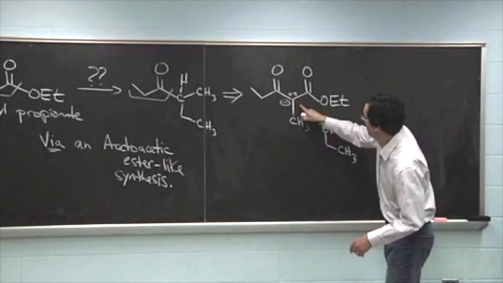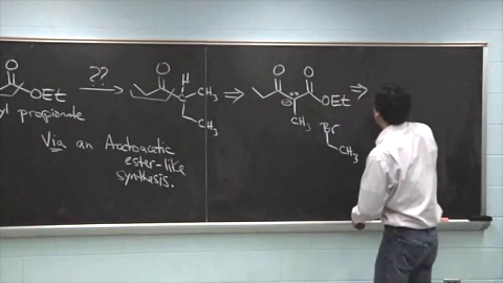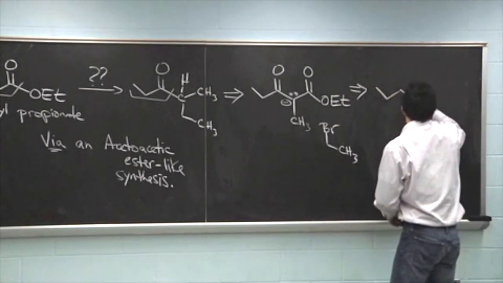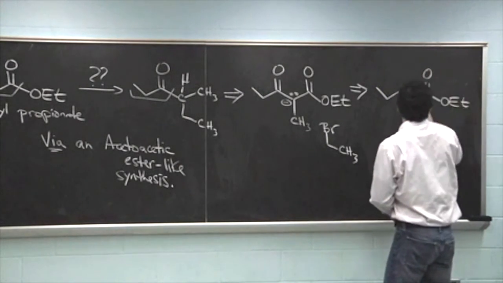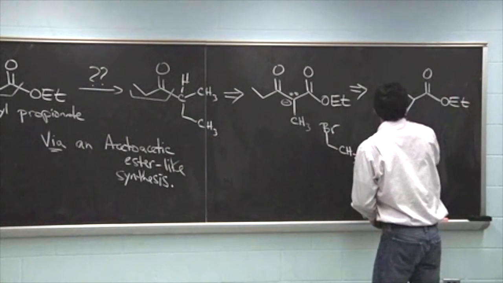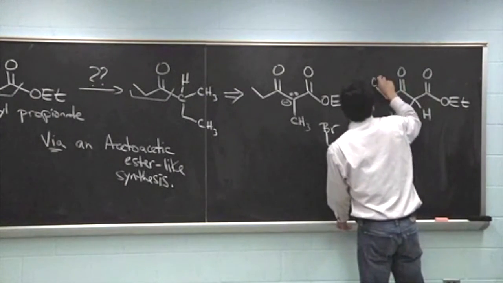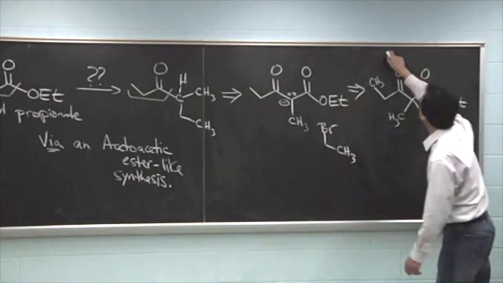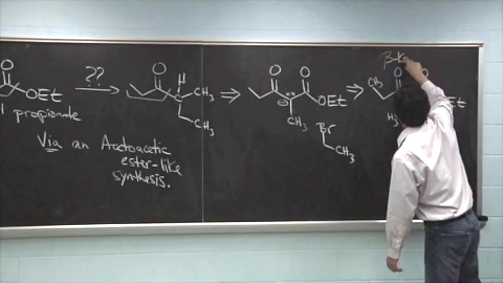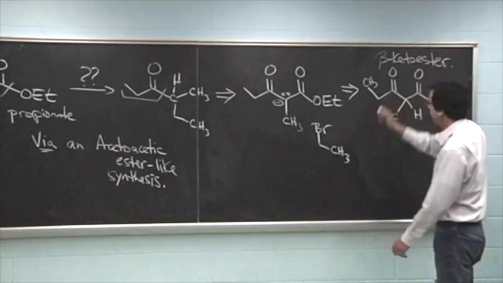And then this particular beta keto ester enolate would come from the corresponding beta keto ester. So this compound here is a beta keto ester.